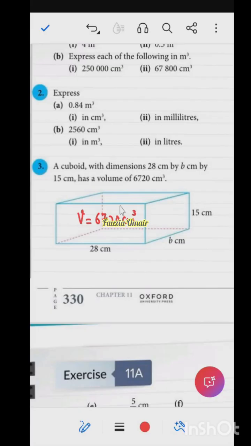Ma'am, it is a cuboid with dimensions 28 centimeter by B centimeter by 15 centimeter, has a volume of 6,720 centimeters square.